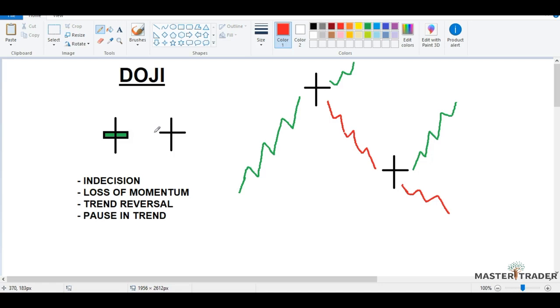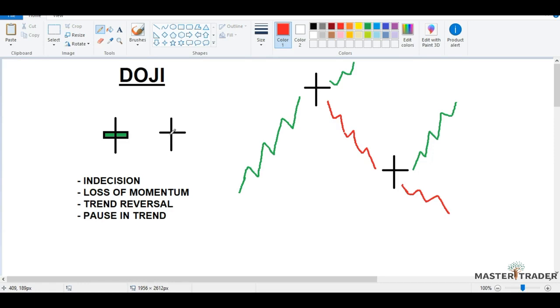So both qualify as dojis. The definition of a doji is simply that the opening and the closing are the same or about the same, and that they are equidistant from the high and the low. So they're usually right in the center.